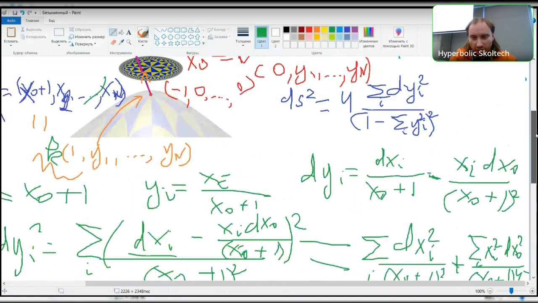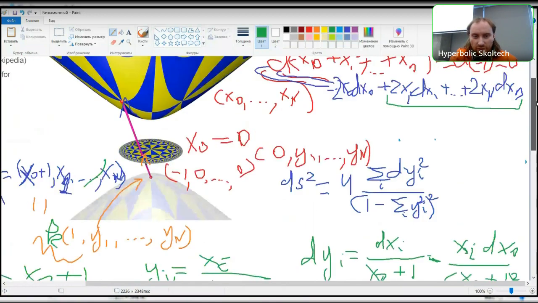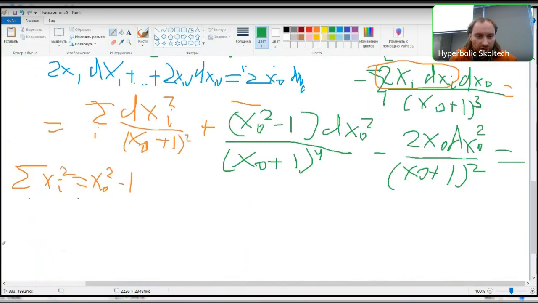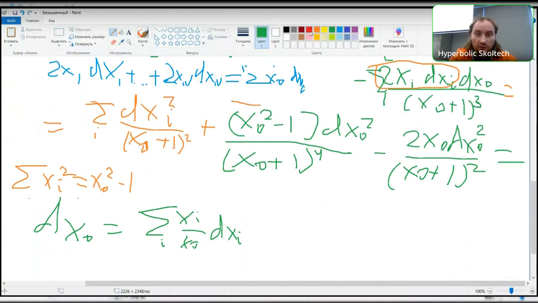Actually, also we have something like this. So dx0 equals sum over i of xi divided by x0 multiplied by dxi. This is from here.